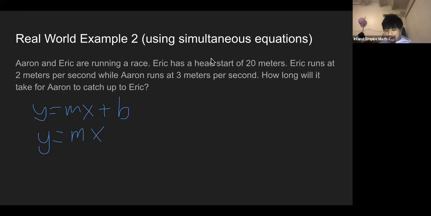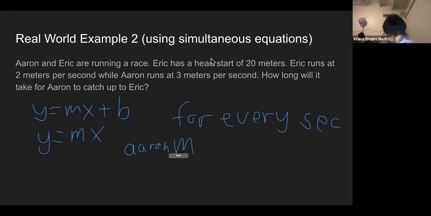Since x represents seconds, for every second that passes, Aaron will run m meters. According to the problem, how much does Aaron run every second?